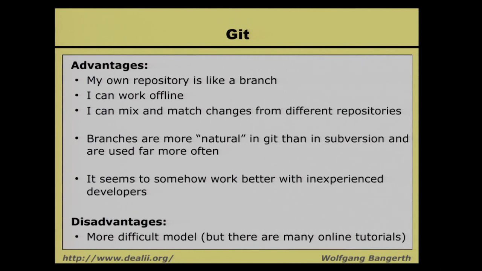In Git, it turns out that branches are somehow more natural. We create branches in Git all the time, which is something that in Subversion I think people are rather reluctant to do, for reasons that I think have less to do with technical restrictions than with the way we operate this program.